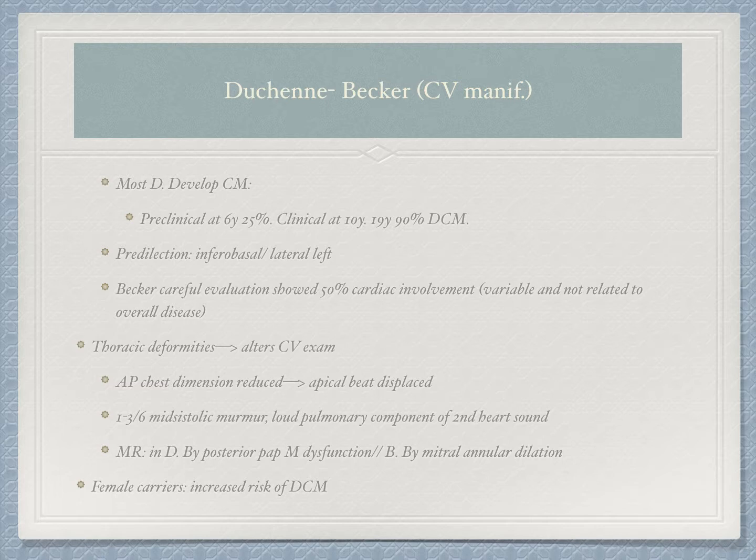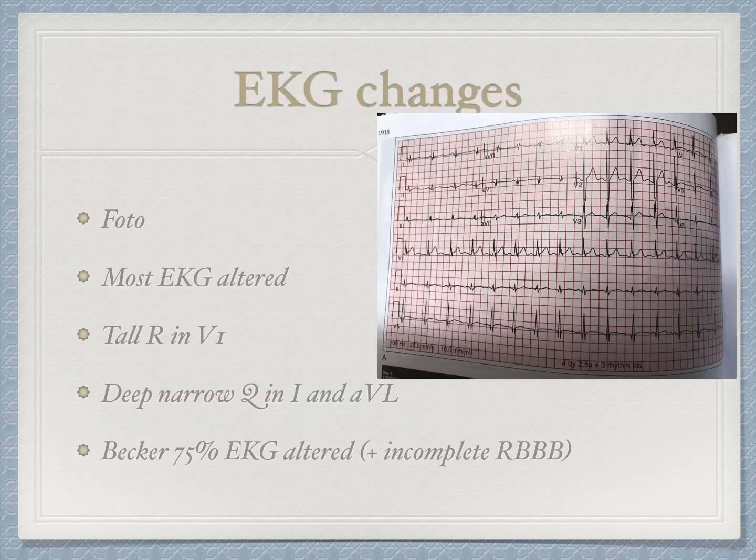Other changes in the cardiovascular exam will be mitral regurgitation, grade 1 to 3 out of 6; in Duchenne it's by posterior papillary muscle dysfunction, and in Becker it's by mitral annular dilation, and the second heart sound will be louder. EKG: tall R wave in V1, deep narrow Q in D1 and AVL.